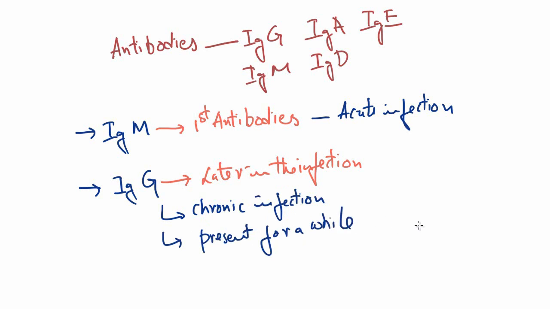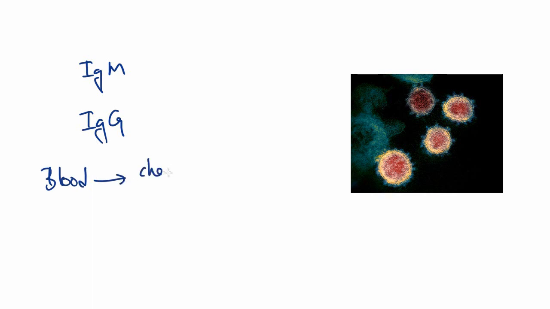So what we are trying to do in this antibody testing is identify the antibodies for coronavirus. Whenever a person comes with the signs and symptoms of coronavirus, we take the blood sample and check for the presence of these two.